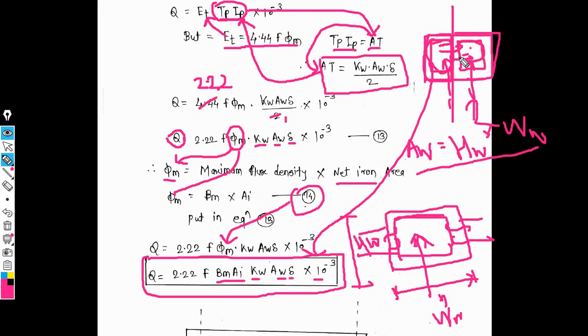In shell type transformer we have to consider only one window, and as your choice you can also choose the second window, but one window is equal to two window as per the concept of magnetomotive force. And this is the final output equation of the single phase core type transformer.